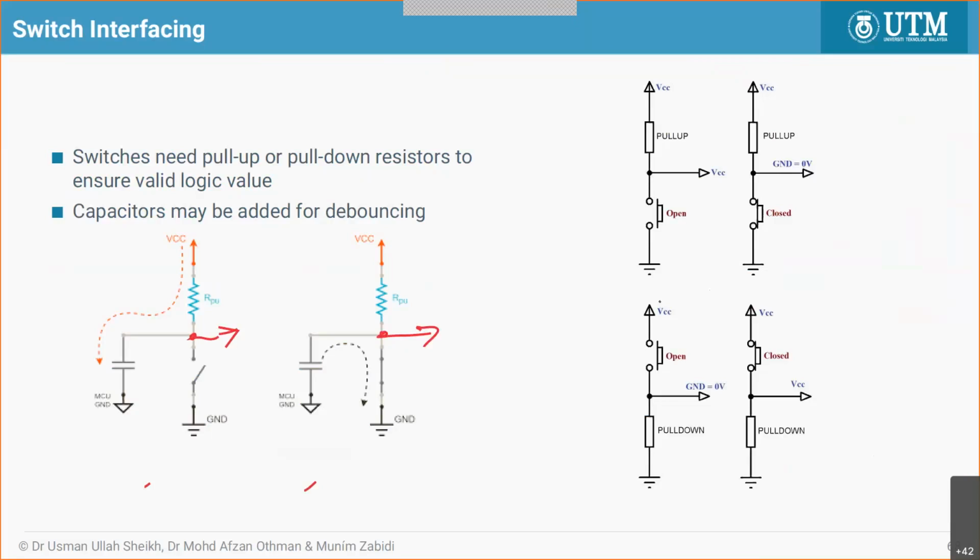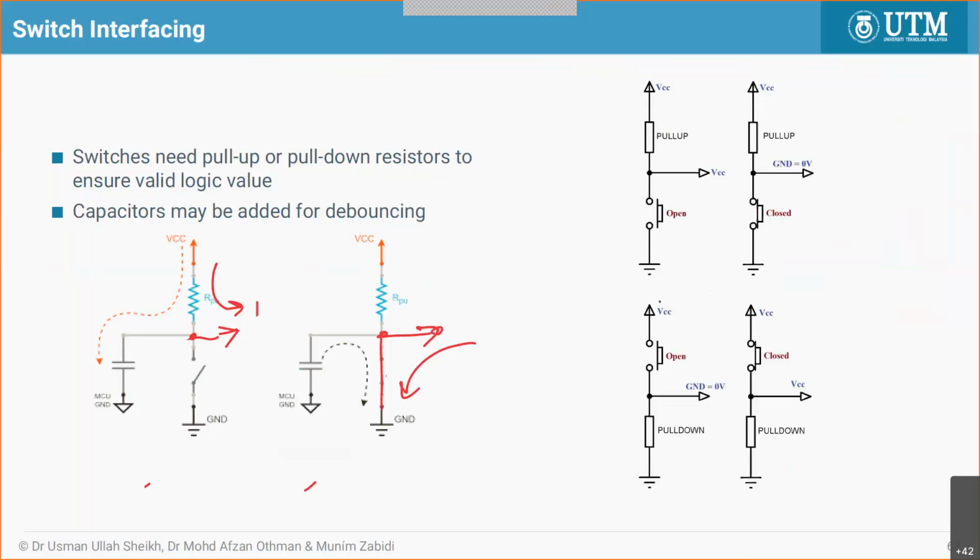If you open the switch, you will actually read 1, logic high. And if you close the switch, the capacitor will discharge and you will drain the current like that. Yeah, this one will be 0 because this is shorted.